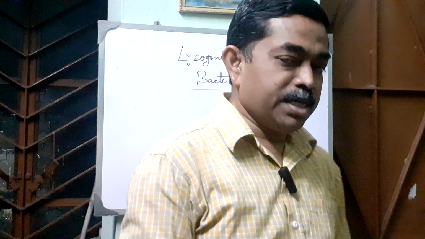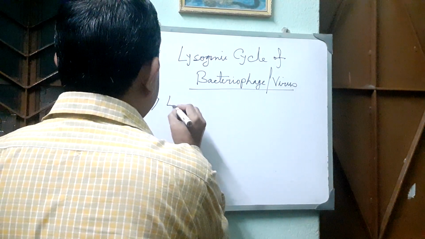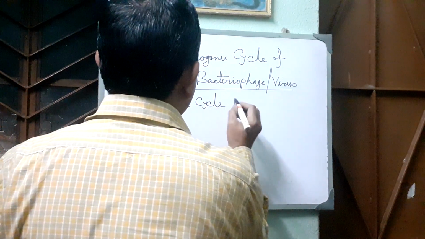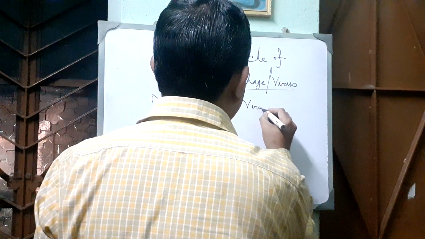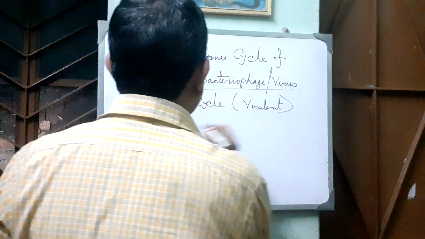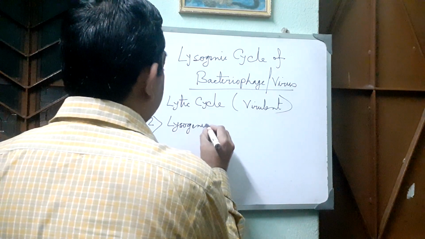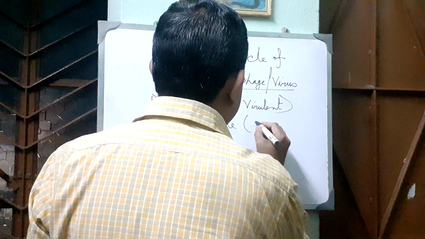In my previous video, I already discussed the lytic cycle of bacteriophage. There are two types of life cycles in bacteriophage or virus. One is the lytic cycle, where the virus or bacteriophage is called virulent, and another is the lysogenic cycle, where the virus or bacteriophage is called avirulent.